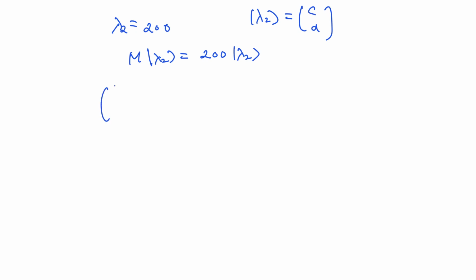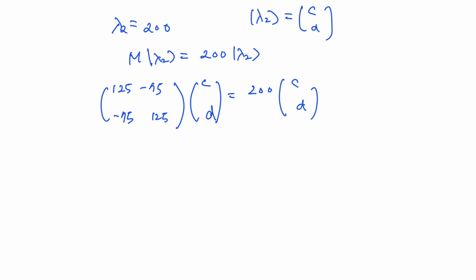Then 125 minus 75, minus 75 125 times (C, D) equals 200 (C, D).